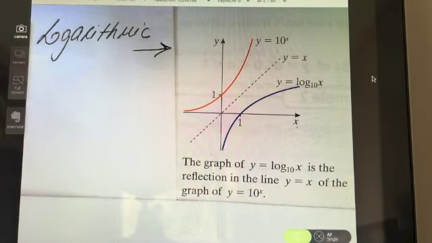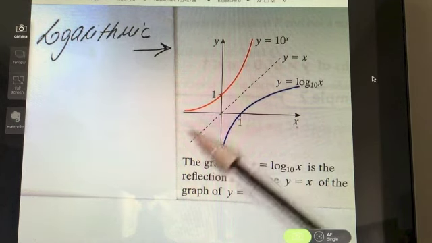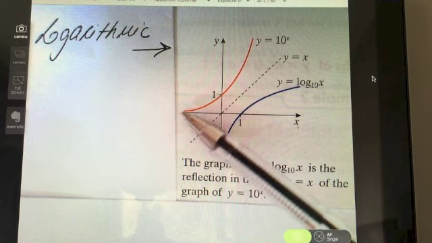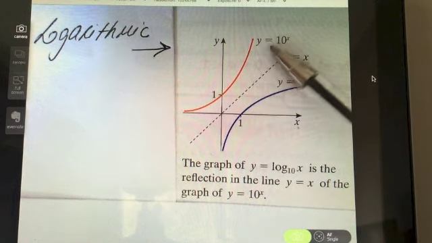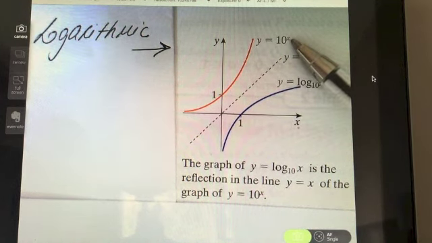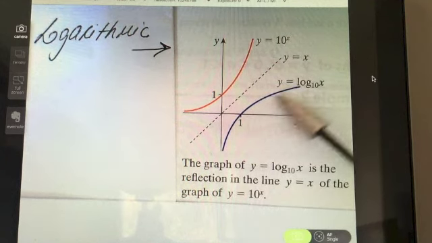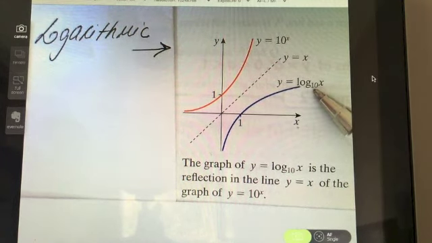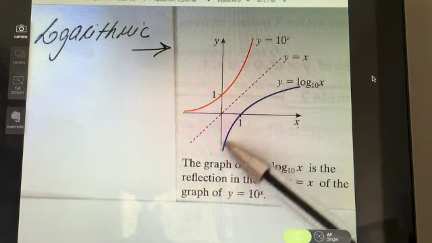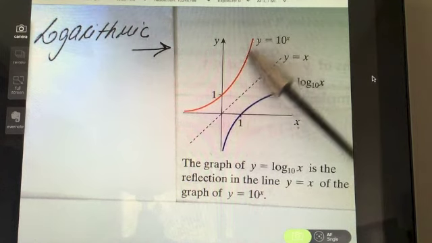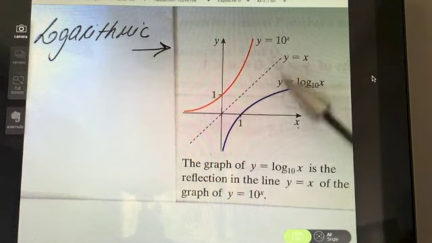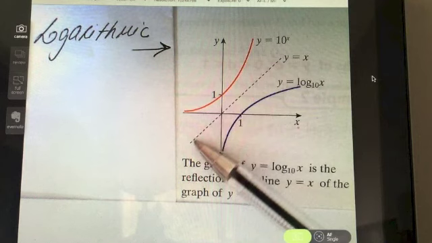So then we need to look at logarithmic functions. Now there's a specific relationship between the logarithmic function and the exponential function, and you can see that quite clearly with this example. So a typical exponential function would be y equals 10 to the power of x. The logarithmic function, log of x in the base 10, is that function reflected in the line y equals x.